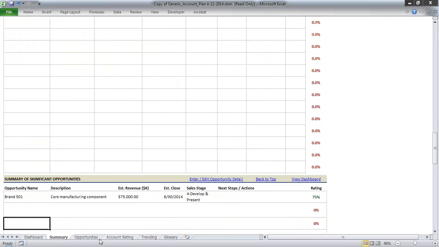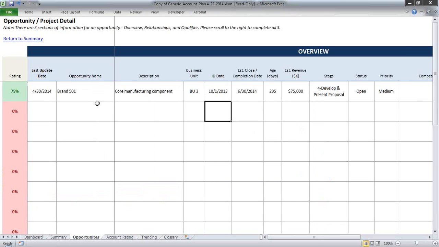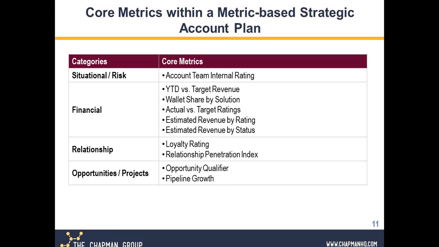Now, a lot of my detail in my opportunities should come from more of a deeper dive, specifically relevant to an opportunity. So my real point here is basically that what I'm referring to here, the core metrics, should pop to life. By us as a team working on account plans and creating strategy, these are some of the most critical measurements and metrics that we should start to focus on.